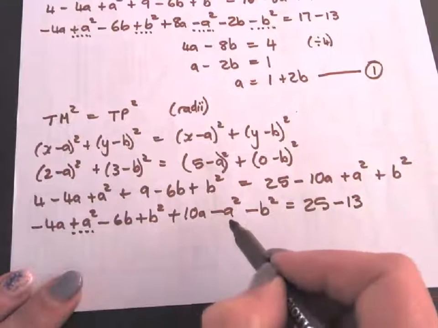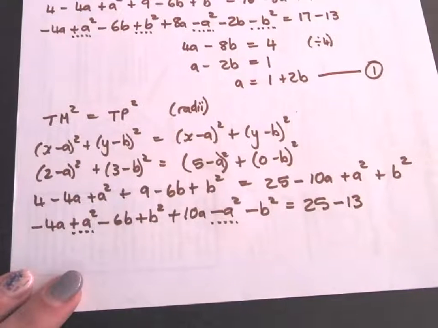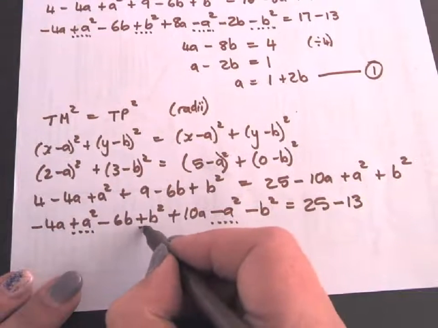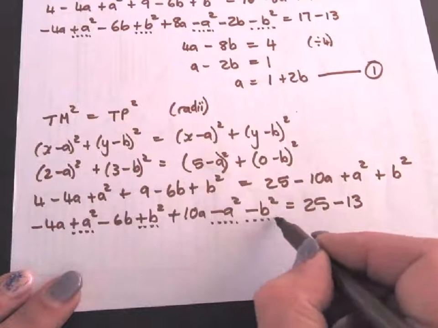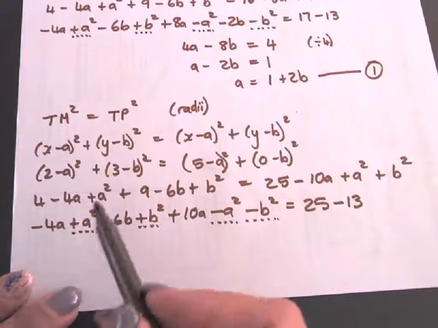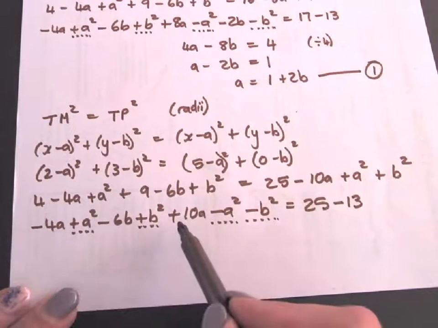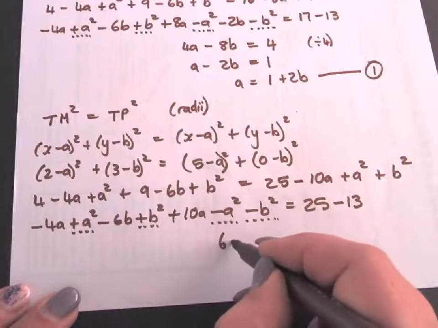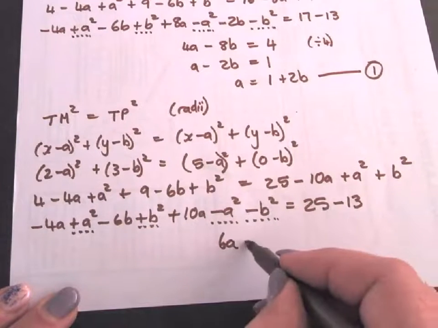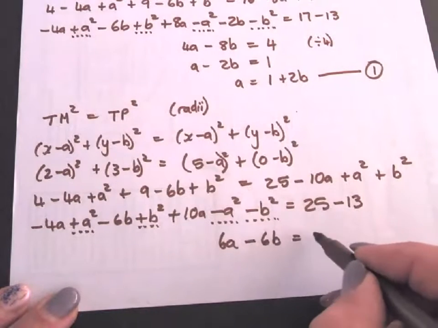A squared minus a squared is 0. B squared minus b squared is 0. Negative 4a plus 10a gives me 6a, minus 6b equals 12.